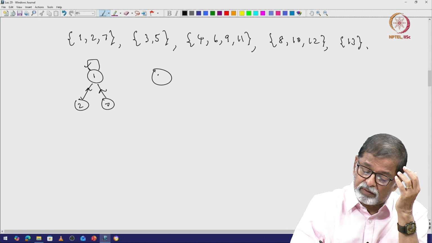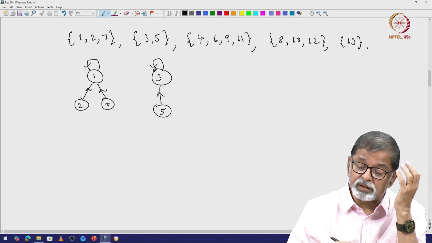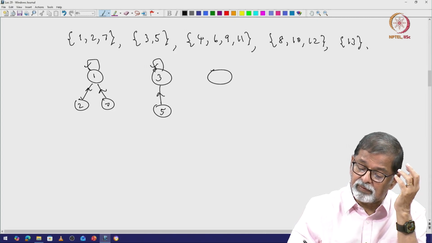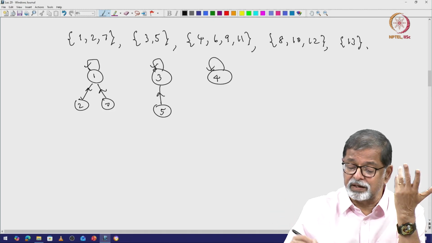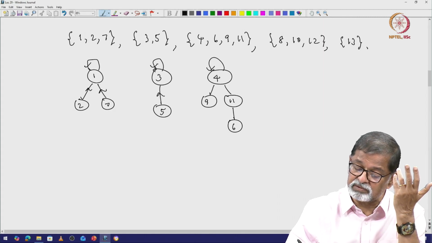3 and 5, I will put 3 here and 5 here. 3 is the root. Here 4 is the name, that will be in the root. 6, 9 and 11 can be in any manner. This may be 9, this may be 11, and this may be 6.